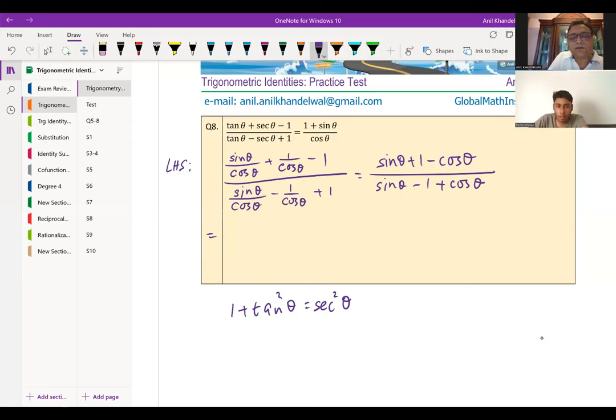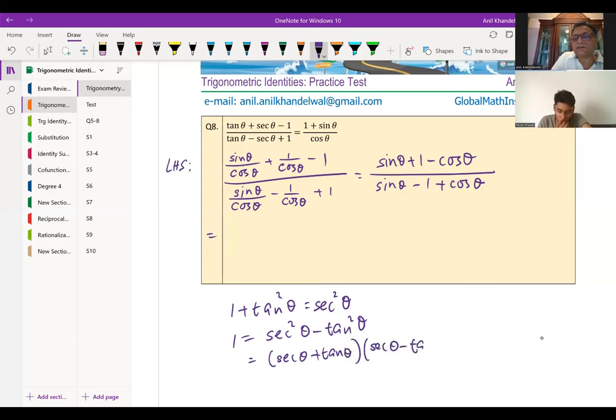So from here, I could write 1 equals secant square theta minus tan square theta. Yes, sir. And secant square theta minus tan square theta can be written as secant theta plus tan theta times secant theta minus tan theta. Is that clear to you?